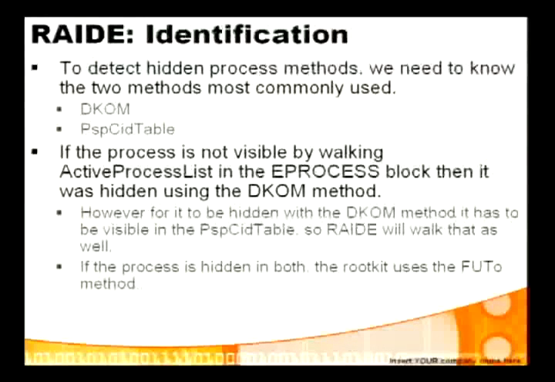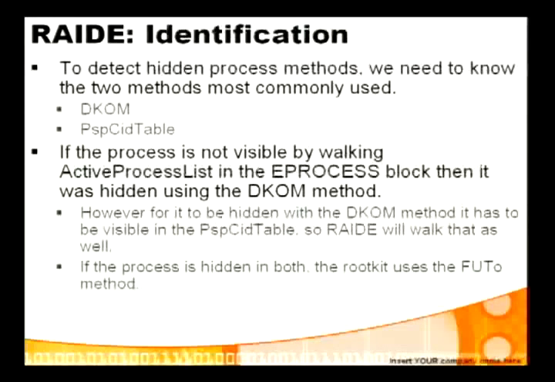So we had to come up with the list of what methods we want to identify. The two major ones are obviously FU and FU2. They're the most prolific. FU is the most widespread rootkit. FU2 is not stable enough with some of the more advanced features to be bundled in spyware, which is an achievement in itself. So if the process is not visible by walking the active process links, it's therefore hidden with DCOM.